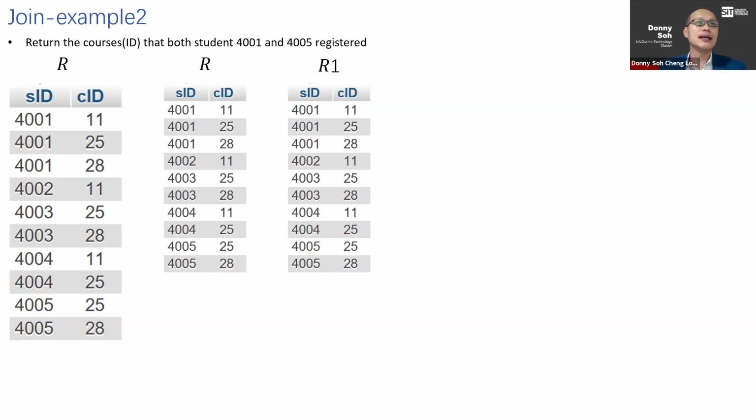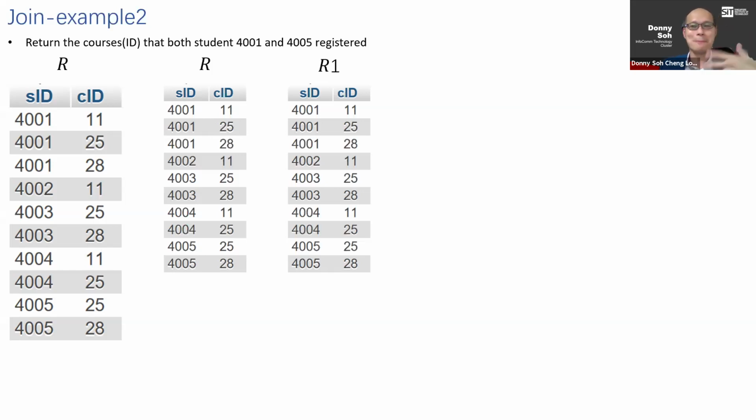Return the course IDs where both student 4001 and 4005 are registered. Okay, so let's try to explain this in English terms. I want to find the course IDs where we have both 4001 and 4005.